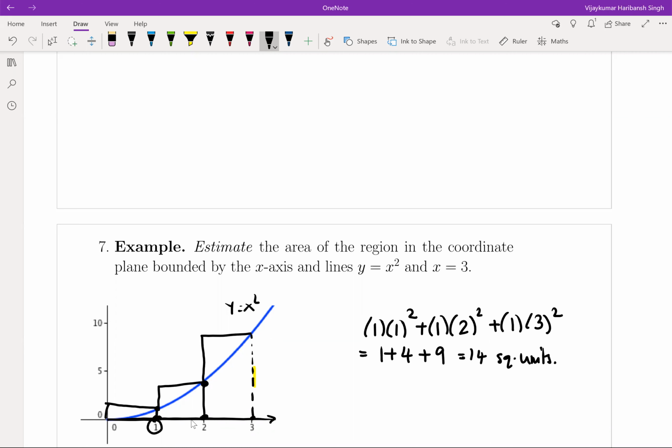Now again, this is clearly an overestimate, right? If you look at the area of these rectangles, it is clearly bigger than the area under the curve. Nevertheless, this is an estimate. It's not a proper estimate, but it's an estimate after all. So let's try to see the following.